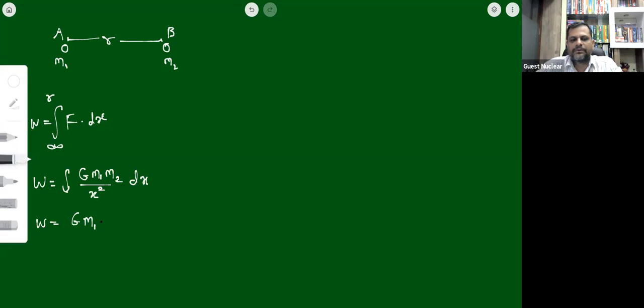ये g m1 m2 को अगर हमने बाहर लिया तो अंदर में क्या बचने वाला है, integration of dx upon x square simply. And as we know that derivative of 1 upon x is minus 1 upon x square, करेक्ट है। तो उसके कारण हम ये बोल सकते हैं कि integration of minus 1 upon x square into dx will be equal to 1 upon x.